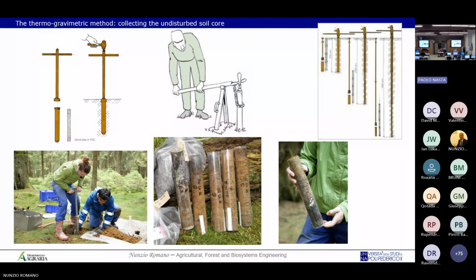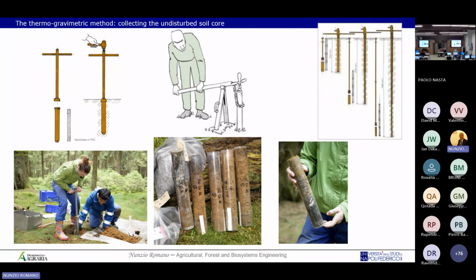Okay, there was a reply to the PVC question: does the soil deformation matter after collection to calculate the bulk density? Of course, yes, because it affects the entire volume. I remind you that we are interested in the volumetric water content, so the importance of collecting undisturbed soil cores with the cylinder is to have a very precise knowledge of the volume of the soil.